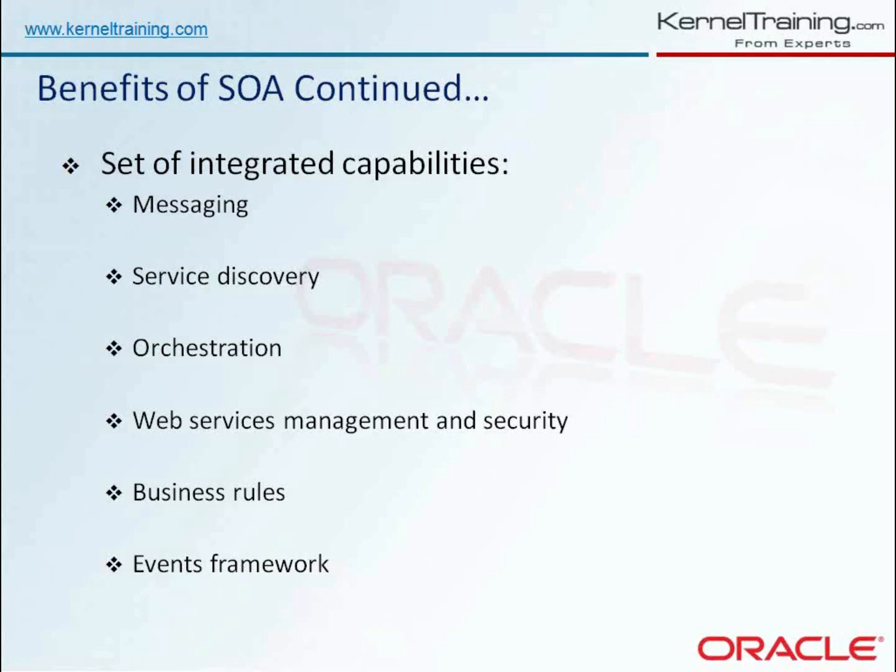SOA is completely designed based on J2EE, and it uses JMS, Java Messaging Service, to transfer the message from your topic. If you are not aware of the JMS topic, I will cover it in the JMS sessions. Through this, you can transfer the message from your topic.